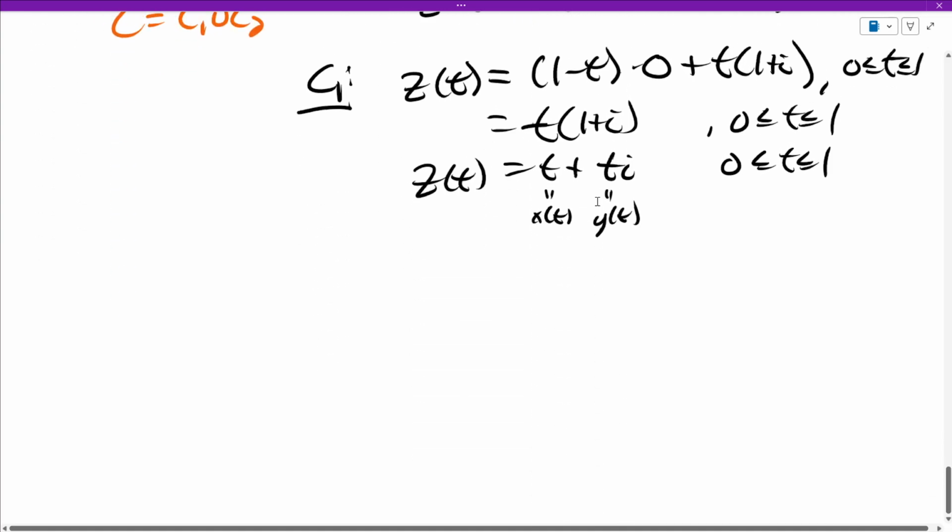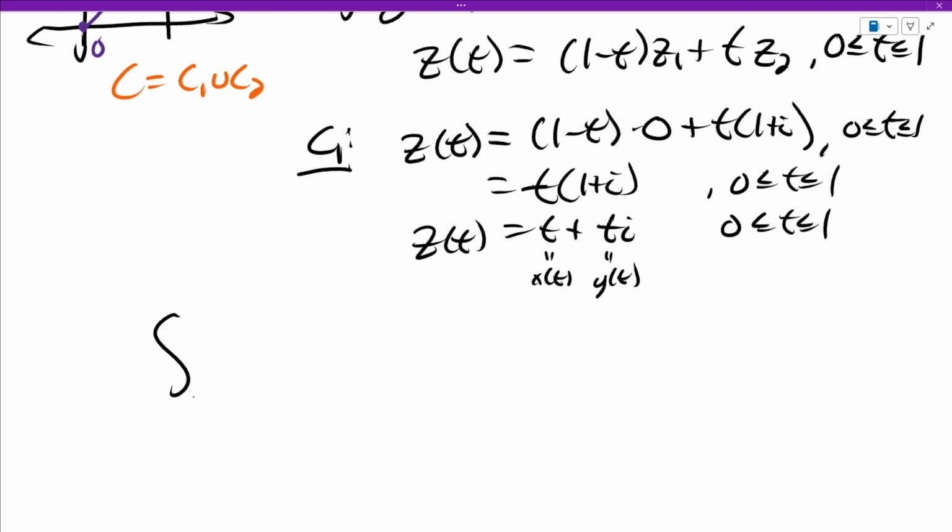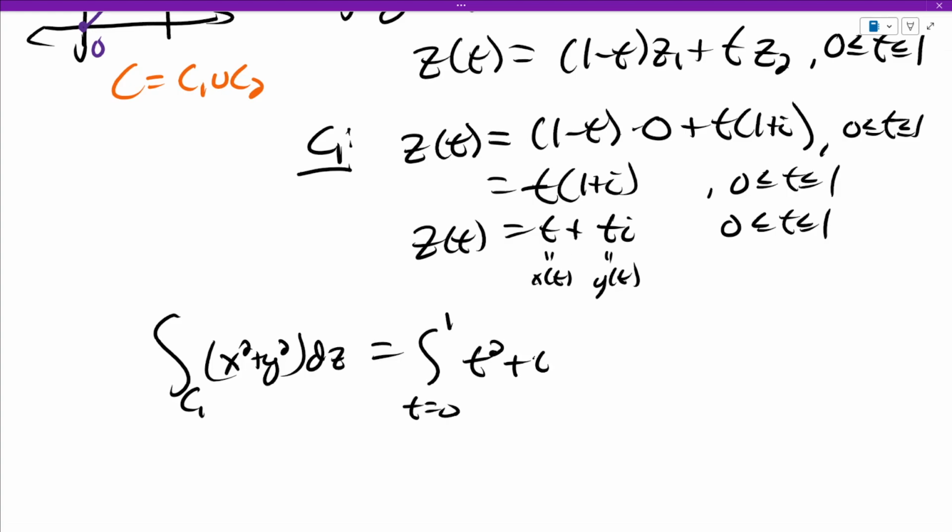Okay, so let's integrate now over C1. And the argument was x squared plus y squared dz. So let's plug in our z. So we get the integral from 0 to 1. x is t, y is t, and dz is differentiate each of these, so that's (1 plus i) dt.